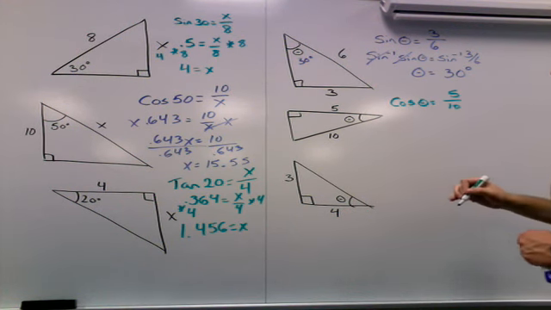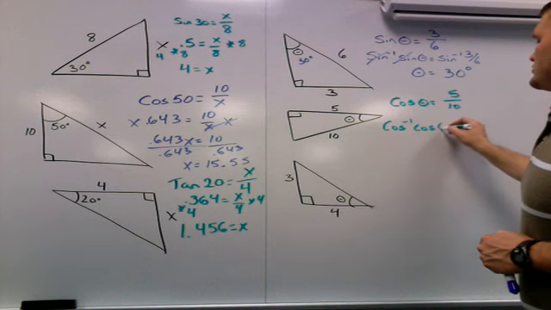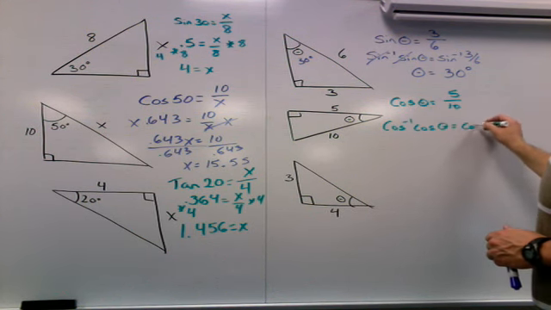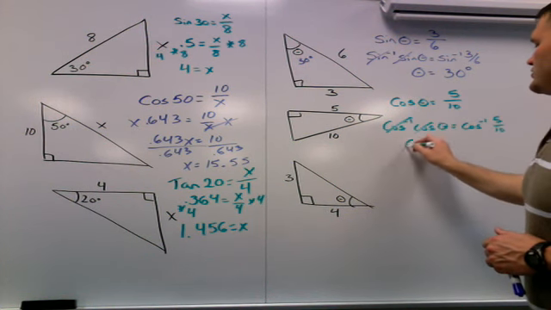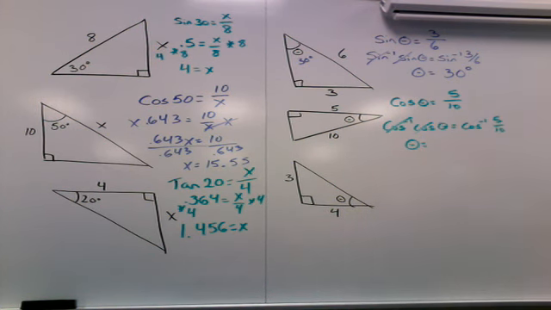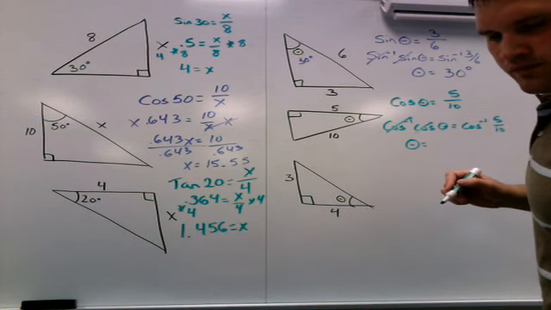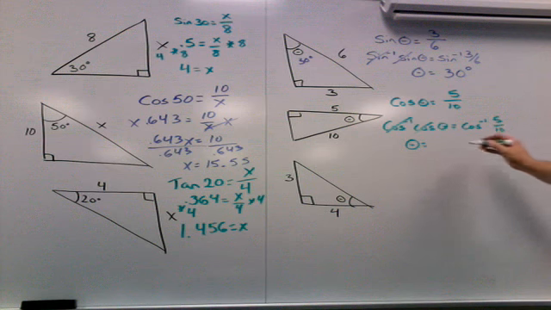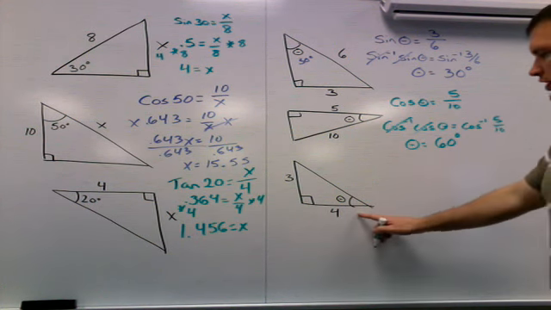So now I'm going to take the inverse cosine of both sides, which is second cosine on most calculators. So the cosines cancel. We get theta equals inverse cosine of 5 over 10, which ends up being 60. So theta is 60 degrees.